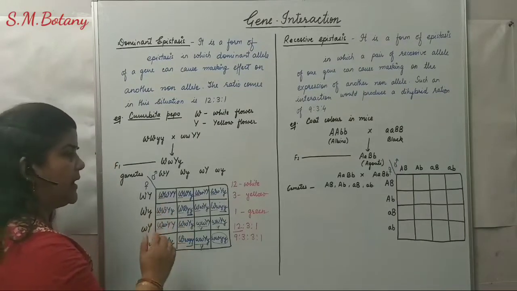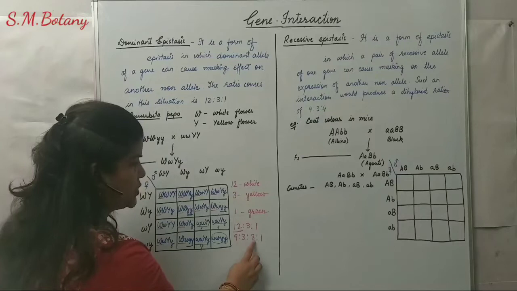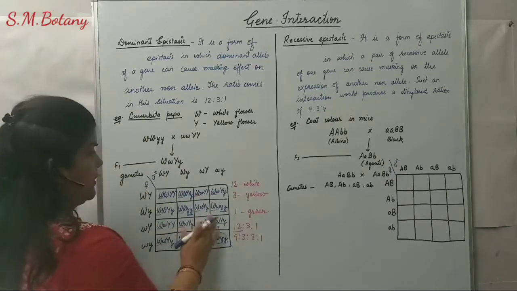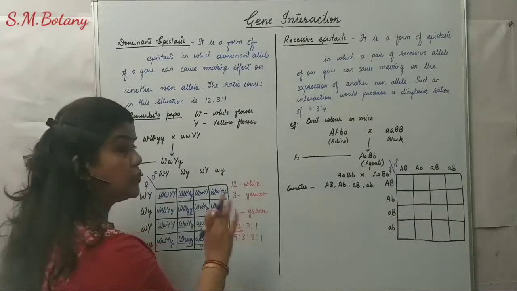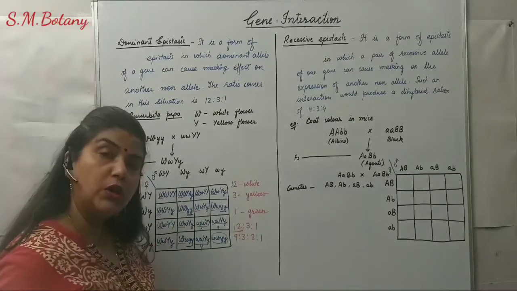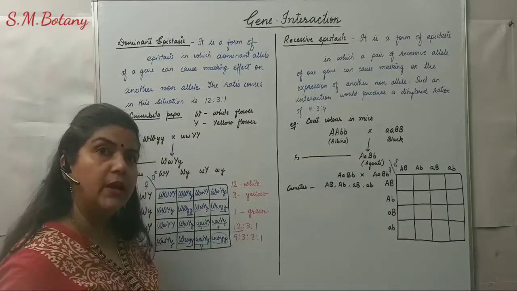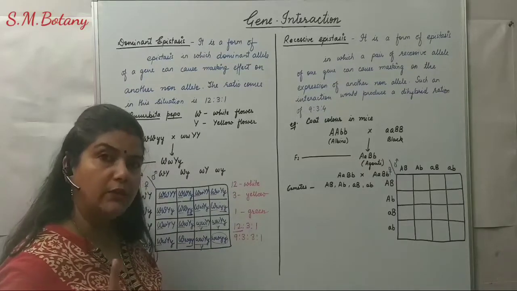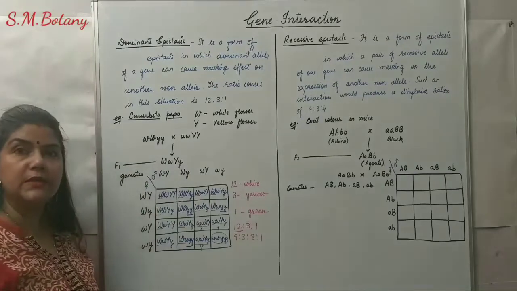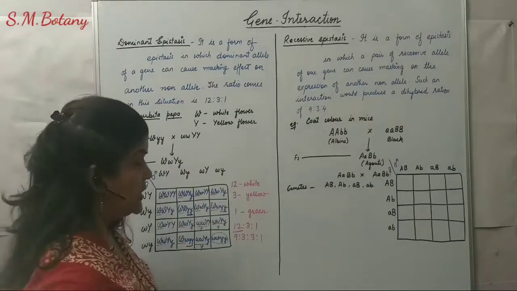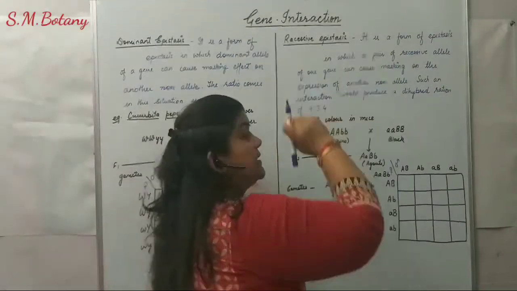So we can divide it into 9:3:3:1. And when we see the phenotypic ratio, it is 12:3:1 because all the 12 show white color, 3 show yellow color and 1 shows green color. This is dominant epistasis.